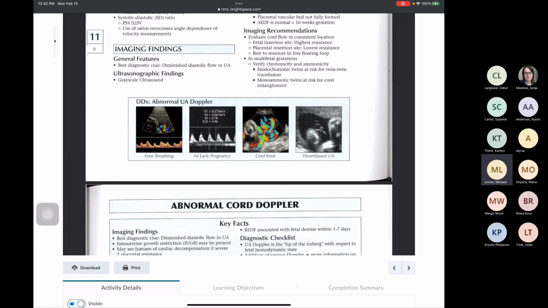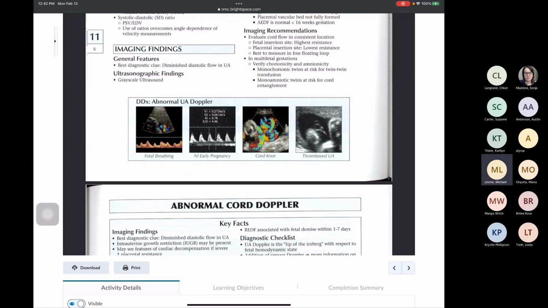The contraction stress test used to be the number one antepartum testing device. However, it has really fallen back behind some of the other studies, mainly because it's very difficult to perform and it takes time and a lot of personnel.